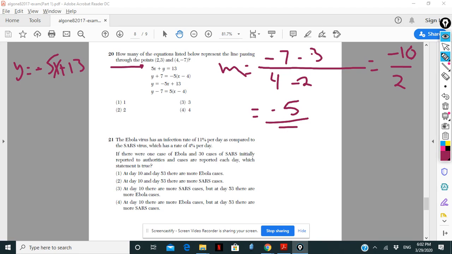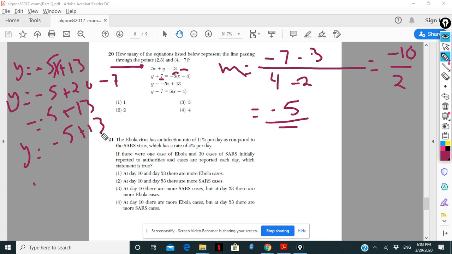Look at the second one: y equals negative 5 times (x minus 2) plus 3... I subtract 7 from both sides and distributed the negative 5, giving me negative 5x plus 13. The other one, y equals negative 5x plus 13. The last one, y equals 5x minus 20 plus 7, giving me 5x minus 13.